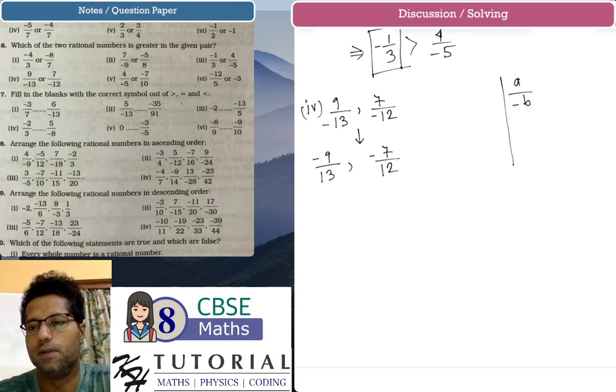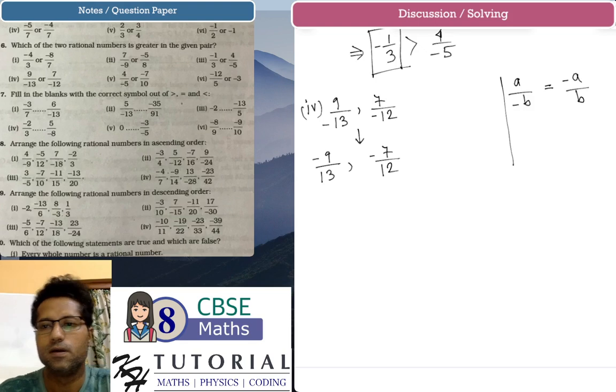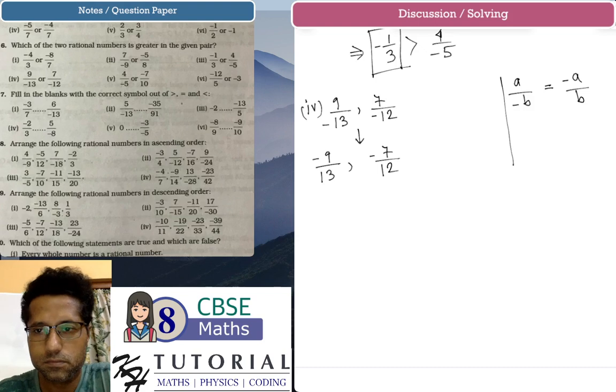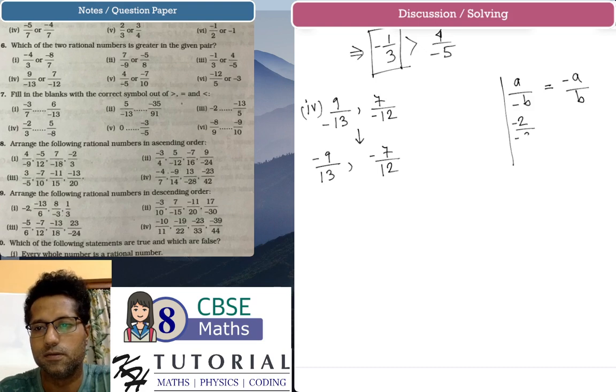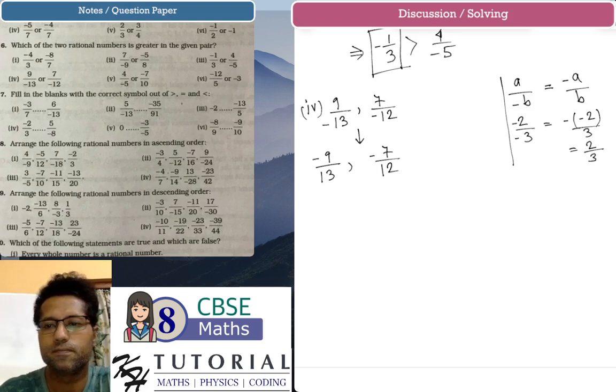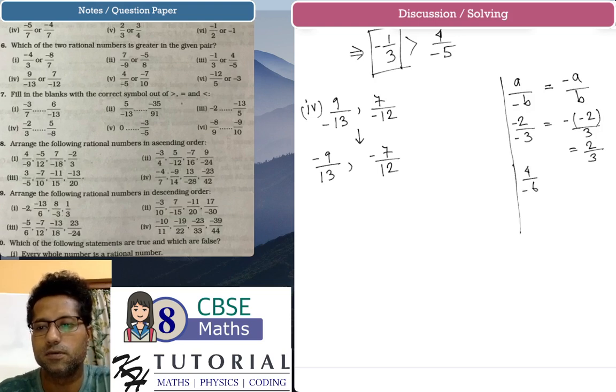We make the denominator positive, that is b, ignore the sign, and just make the numerator negative, that is minus a. Now if a is already minus 2, then minus of minus 2 will be 2. So for example, 2 by minus 3 is nothing but minus of 2 by 3, and minus 2 by minus 3 is equal to 2 by 3, and 4 by minus 6 is equal to minus 4 by 6.